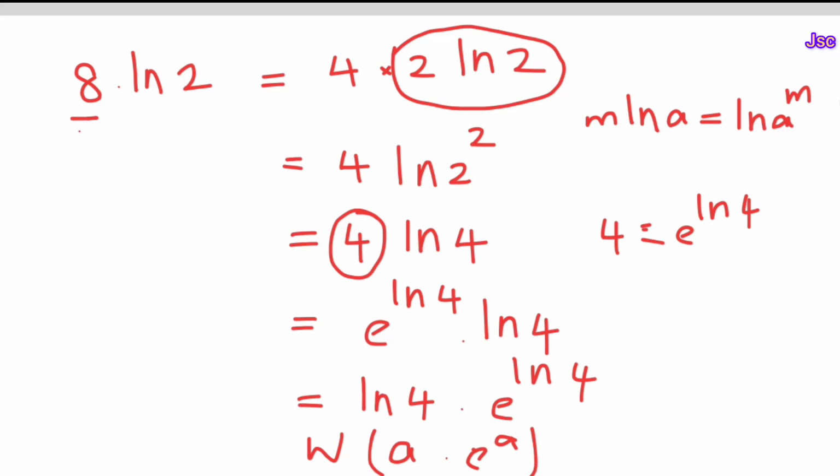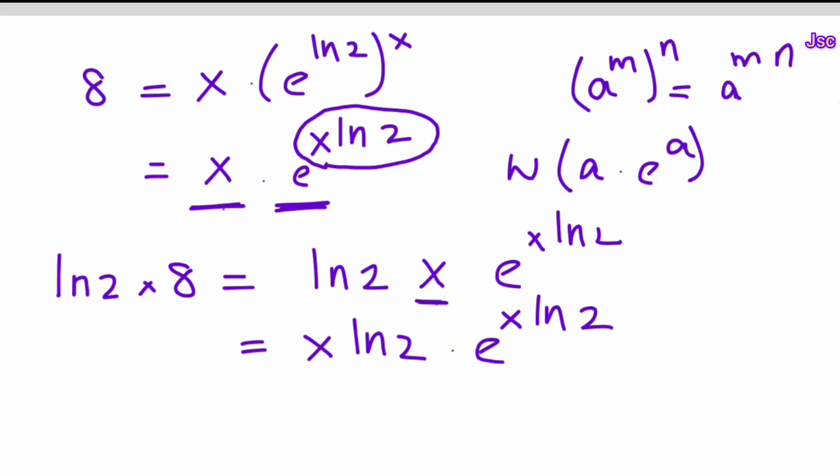Instead of 8 times ln 2, we can write it as ln 4 times e^(ln 4). LHS we can write as ln 4 times e^(ln 4), because if this converts into Lambert form, it is easy to solve for x. That's why I am converting both sides in terms of the Lambert W function.